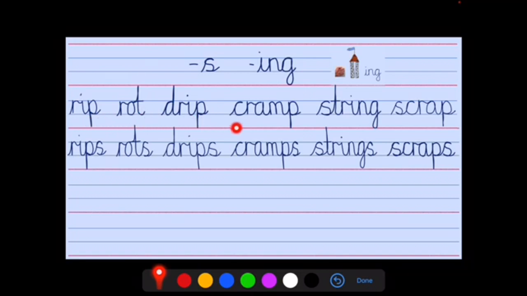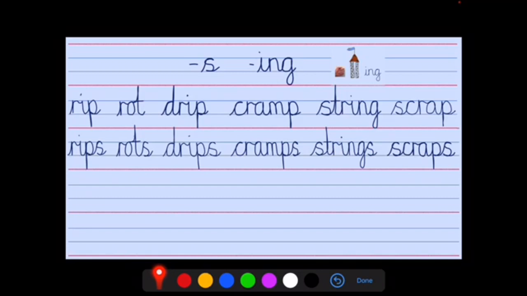So, same words, but have a go at writing them, adding suffix ing, and thinking about, will I need to double or won't I? You can pause the video and come back when you're ready.